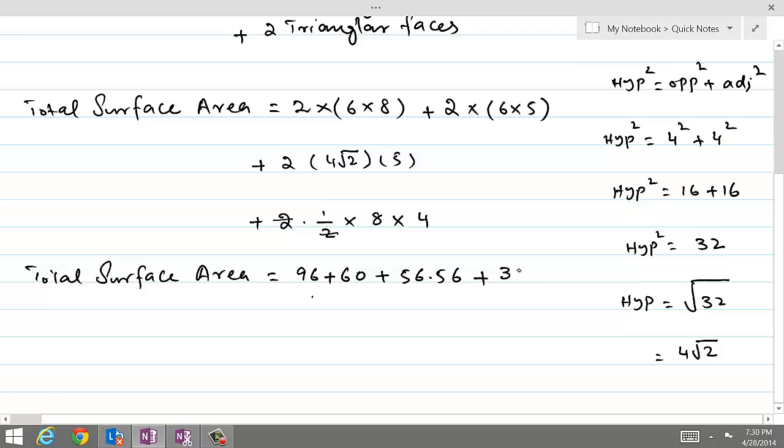So this will be equal to 32. And if we simplify this, what we get is 244.56.